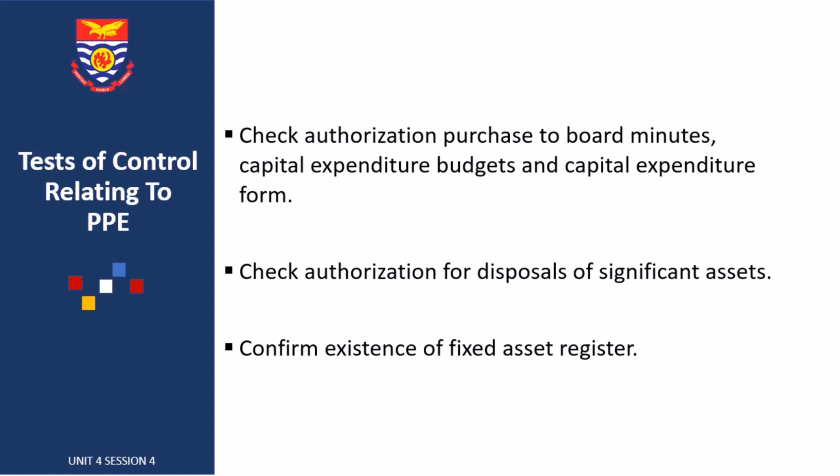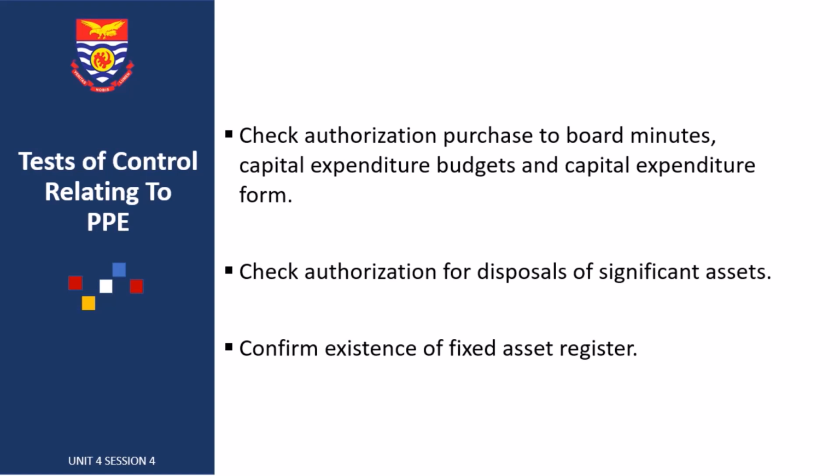So in our previous session, we said that if there has to be a capital expenditure that has to be incurred, it must be recommended by the board, or the board must approve it by minute. So the board minutes serve as an evidence for that. Then you also have to check authorization for disposal of significant asset. So who authorized the asset to be disposed? These are some control tests that must be performed.